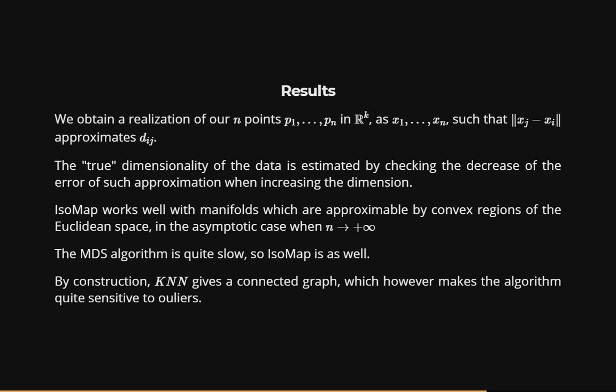But with k nearest neighbors, if you have an outlier, you will connect it to something. So you will end up with really high distances from that point to the other points with respect to all the other distances. So if you have an outlier in your data set, IsoMap gets really, really scared about that, and it perturbs the results a lot. So usually you remove the outliers before performing the algorithm.